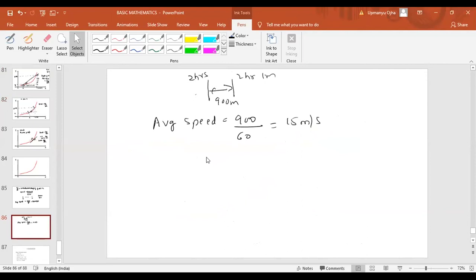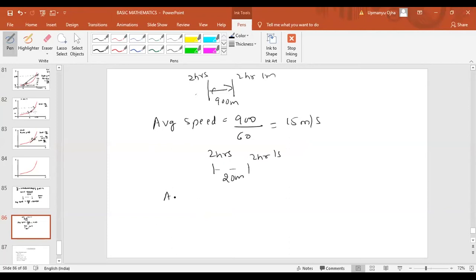Now, if I reduce the time interval, then I can have an idea that in 1 minute the speed was 15 meter per second. Now further, if I reduce the time interval, like from 2 hours to 2 hours 1 second, the distance covered by the vehicle was 20 meters.